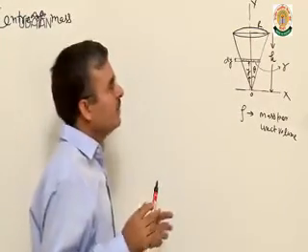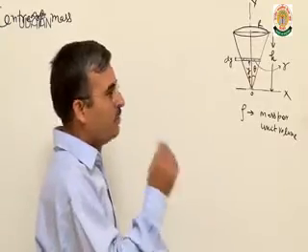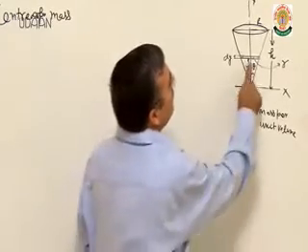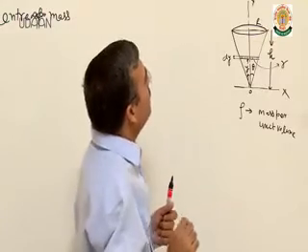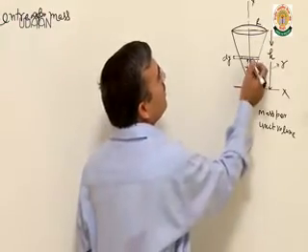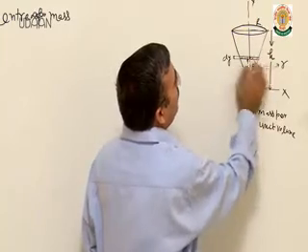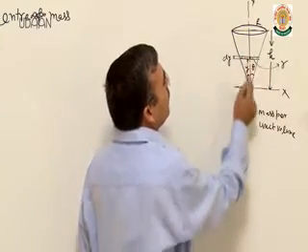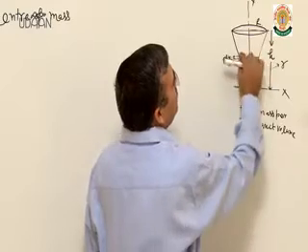That part will be a disc of thickness dy of radius r. Clear? And center mass of this disc will be at the center of this elementary disc, and that point is on the axis. It is center mass of this element.